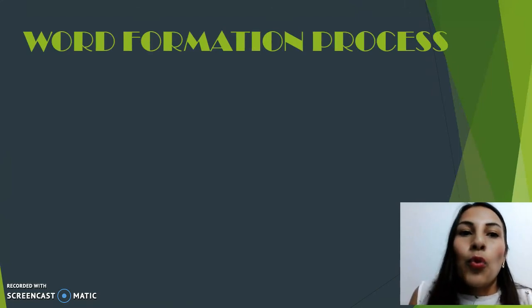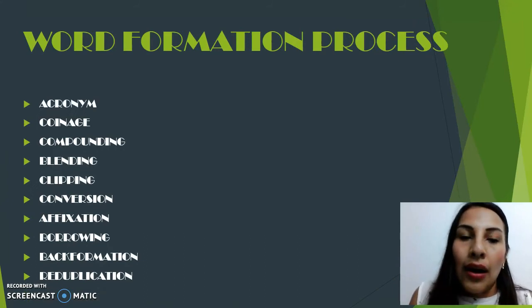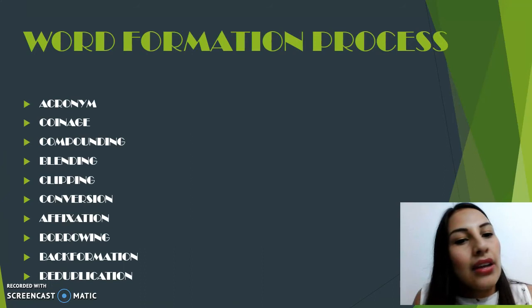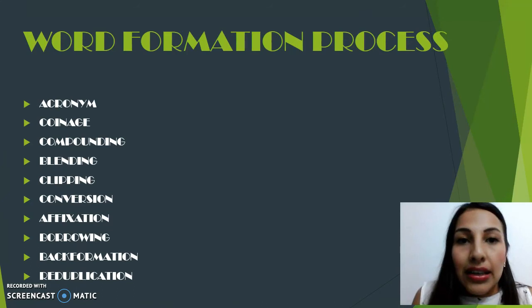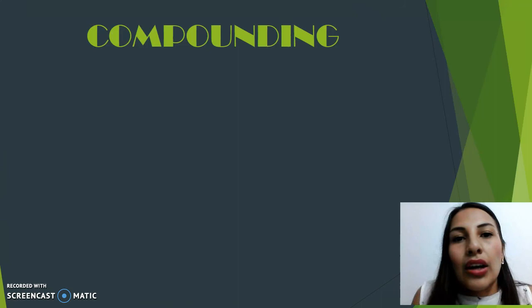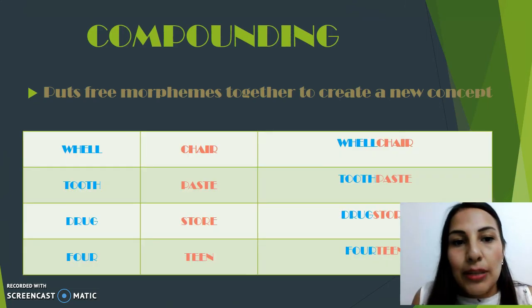There are different ways to form a word, like acronym, coinage, compounding, blending, clipping, conversion, affixation, borrowing, back formation, and reduplication. I'm going to explain just three. Compounding is when you put two morphemes together to create a new concept.